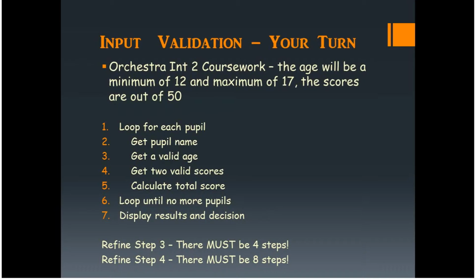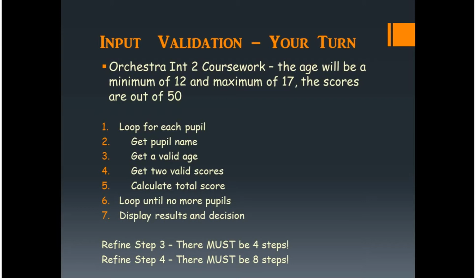So 4.1 is getting the score 1, 4.2 is checking for the error for score 1, 4.3 is displaying the error and reprompting, 4.4 end while, 4.5 getting the score 2, 4.6, checking for the errors. 4.7, display. 4.8, end. So that's our input validation.